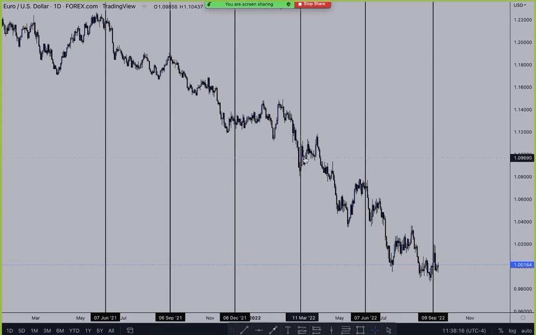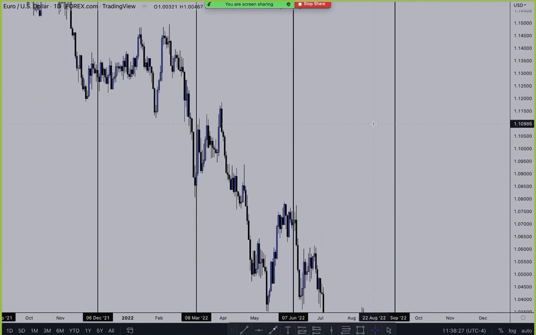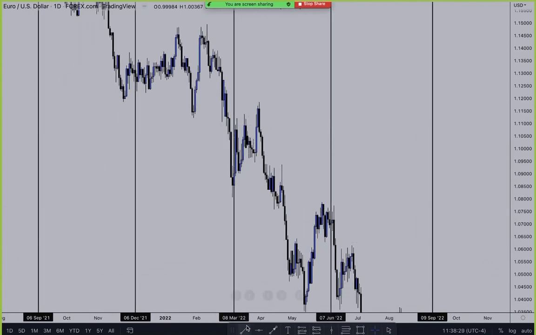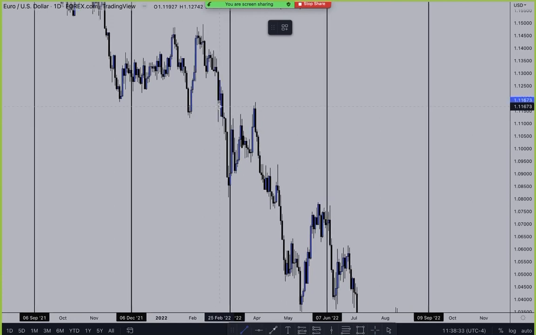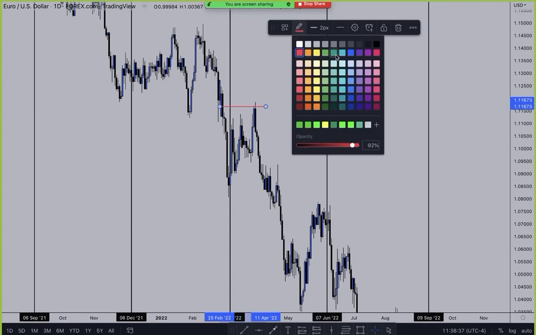Now we're in March. It rallies a little bit, and this retraced into an impulse block. If I zoom in, I can draw it out for you guys. Right there. Let me just change the color of this.